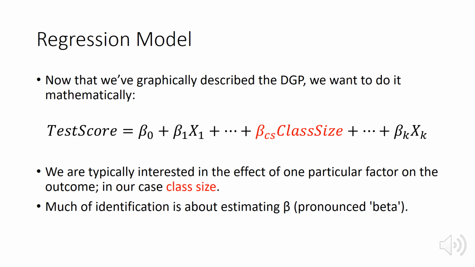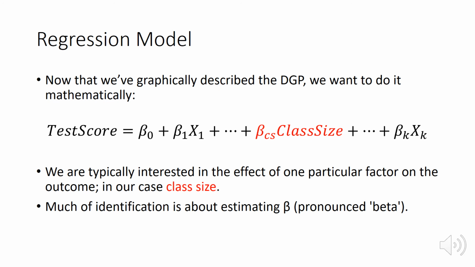So we can gloss over a lot of the math here and just think about the idea. All we're doing with this math is formalizing an idea, which is test score is some function of a bunch of stuff, including class size. And you'll note importantly that this stuff is additive.